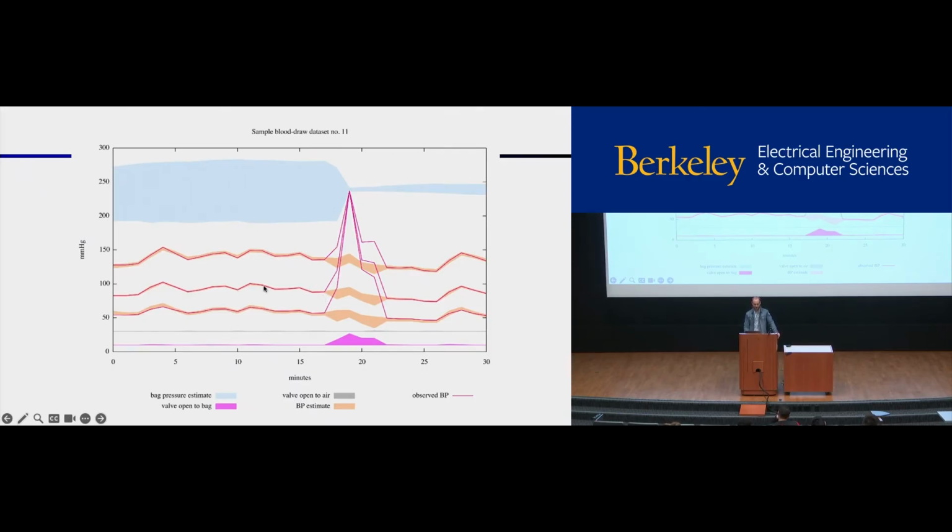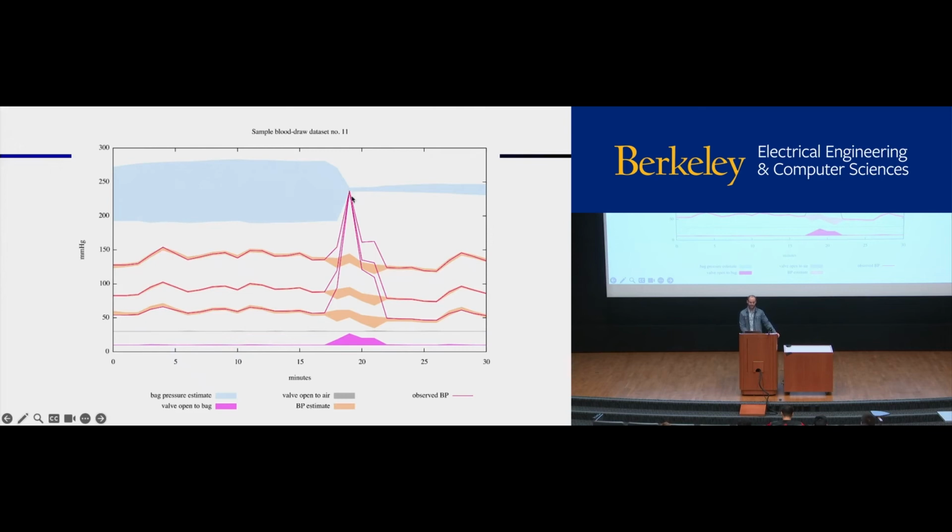So these are the measured blood pressures, in pink. And at 17 minutes, they all reach this same insane value that would mean you're in a very bad spot.